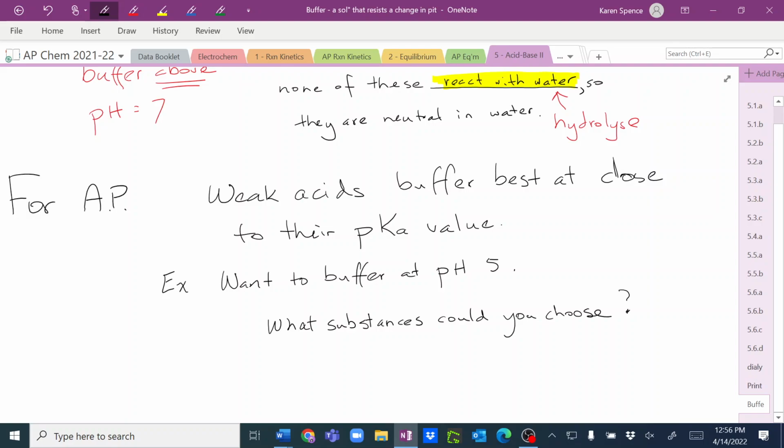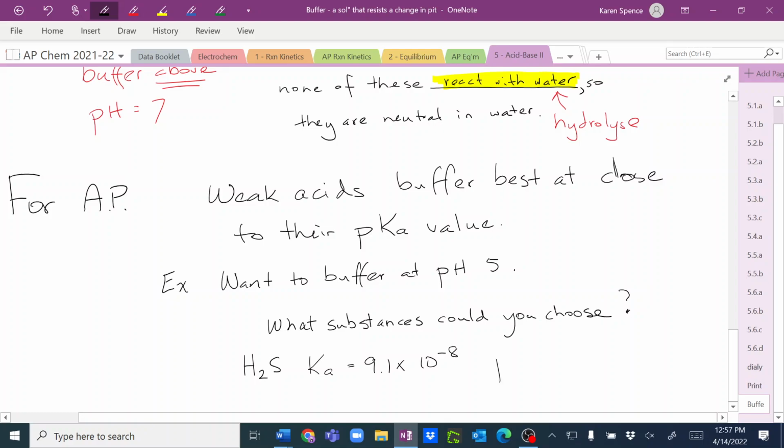HC, hydrogen chloride? Sulfide. Hydrogen sulfide. Okay, so hydrogen sulfide, H2S, has a Ka value equal to 9.1 times 10 to the negative 8.